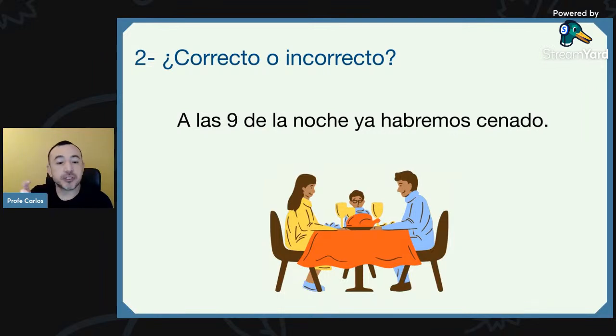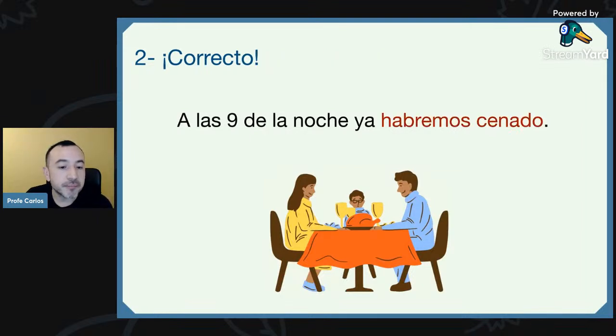We still have the structure, a las 9 de la noche, point in time, habremos, auxiliary, but then that ya gives us that already extra information. So at 9 p.m. tonight, we will have already had dinner, basically. So very good. Let's move on to number 3.